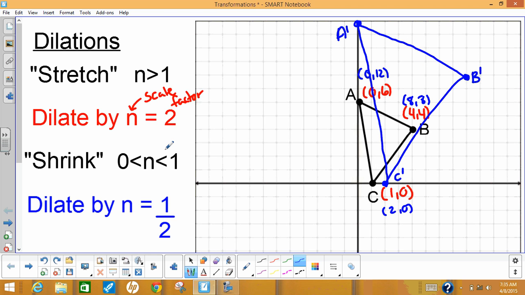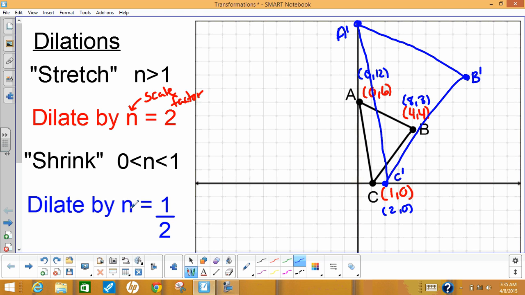And as you can see, when we dilated by a value greater than 1, we made the triangle bigger. In fact, it's twice as big. So when we dilate by a scale factor of 2, we've just stretched this triangle and we've made it twice as big.